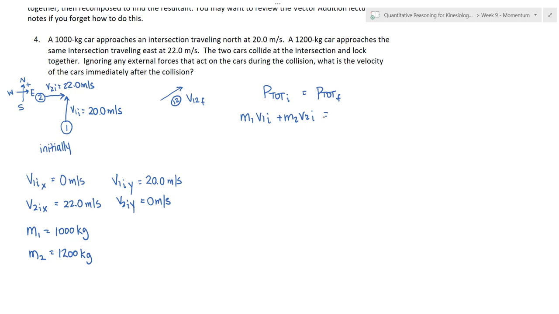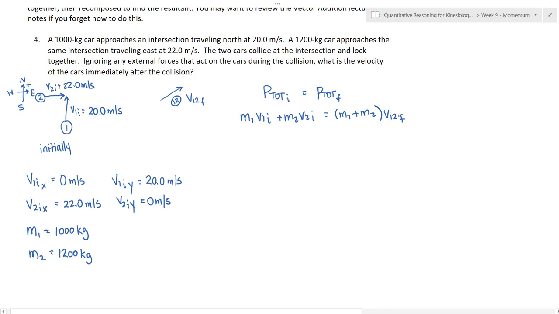So they're just like one bigger object. The mass of that bigger object is m1 plus m2. And the velocity, we're calling it v12 final after the collision.